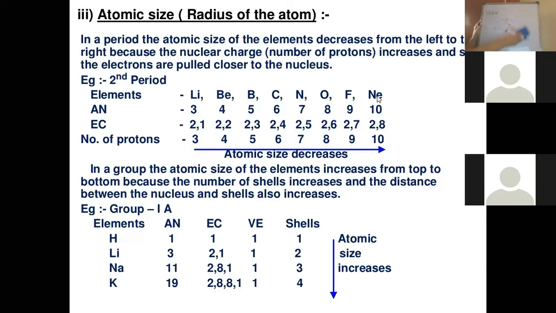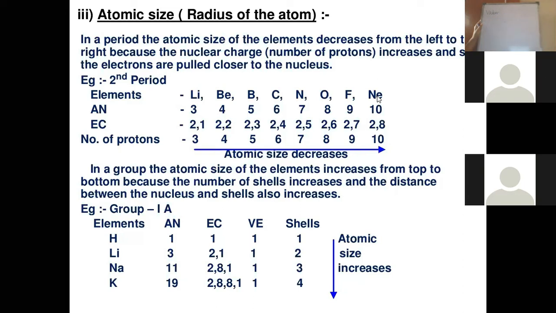Okay. If the outermost shell of an element has only one electron, the electrostatic force or nuclear charge will be very less.